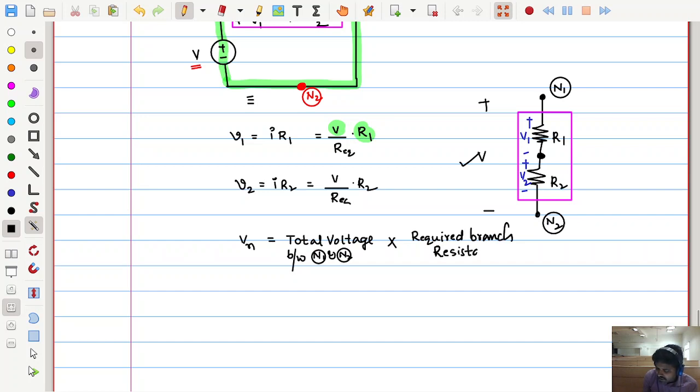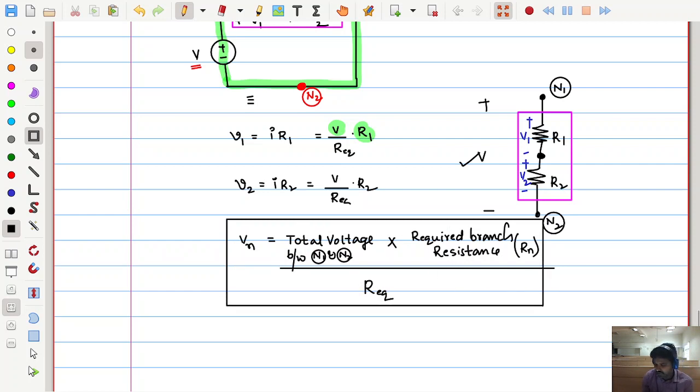Which branch voltage do we need? The nth branch voltage. So how much is that nth branch resistance? It is Rn, divided by the total equivalent resistance. This is the voltage division rule.